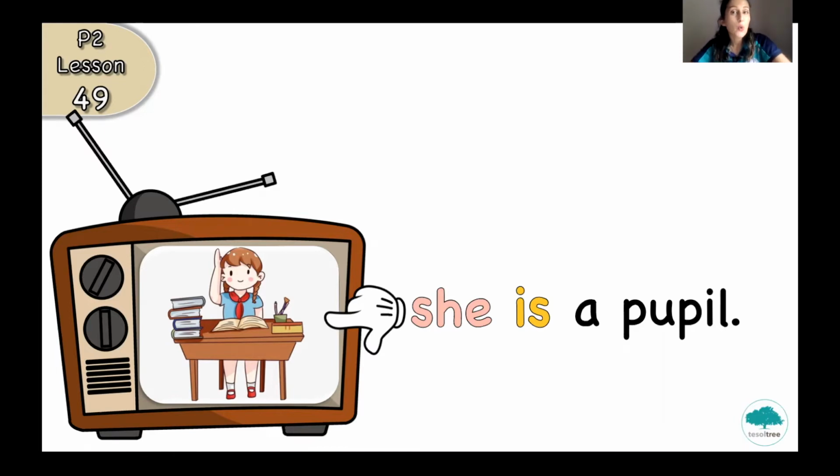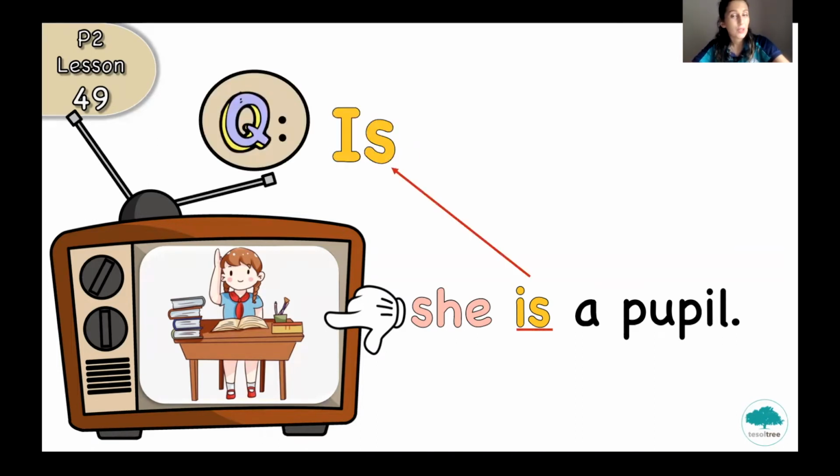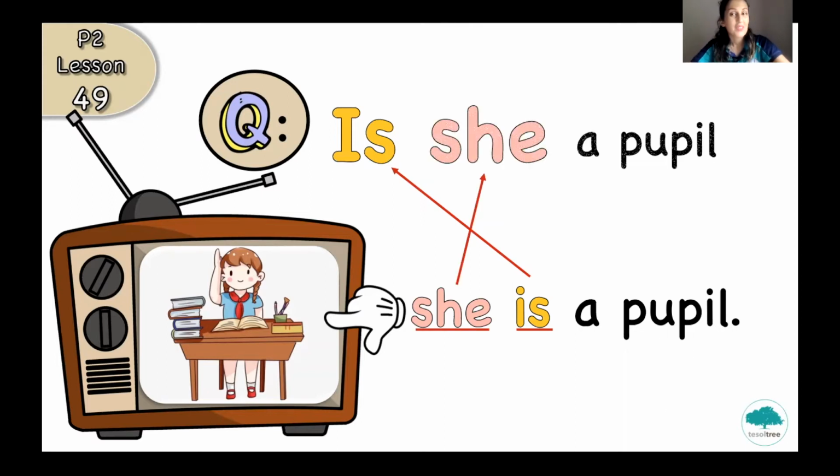If you want to ask a question, you should put is first, then she, then a pupil, and don't forget the question mark. If you want to say the sentence, you use a full stop. And if you want to ask a question, you use a question mark.